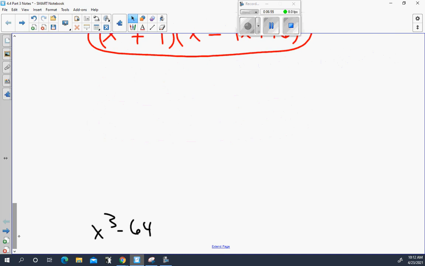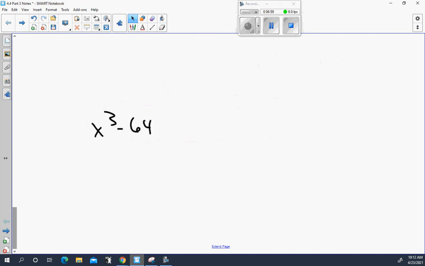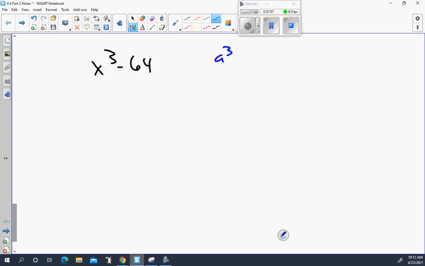And then finally we have the difference, not the sum, we have the difference of perfect cubes. Okay, so same numbers, just different formula. This formula says that if we have a cubed minus b cubed, then we'll have a minus b times a squared plus ab plus b squared.